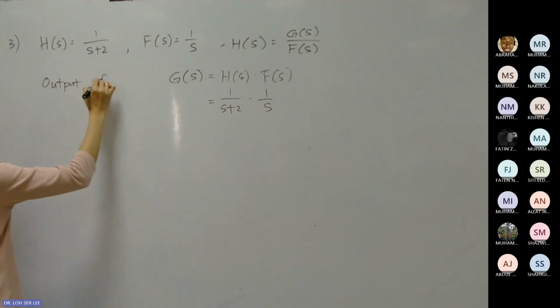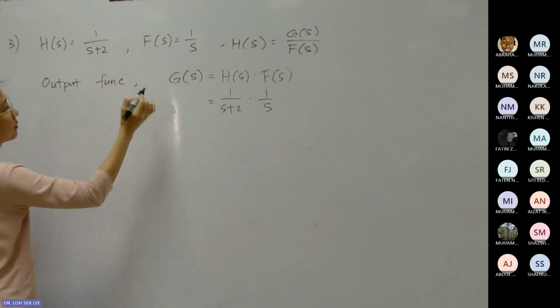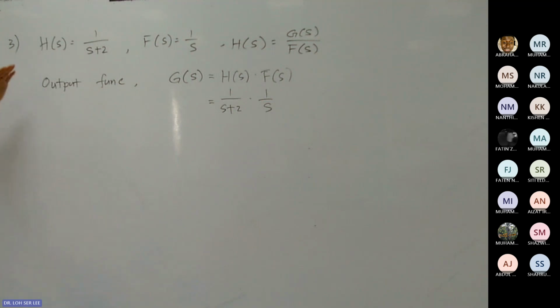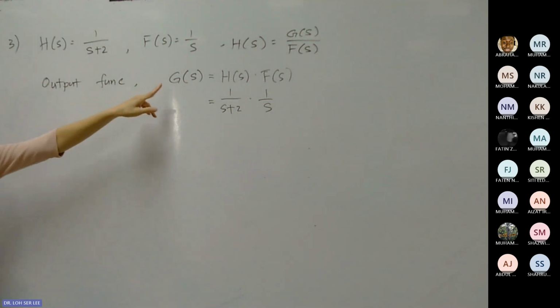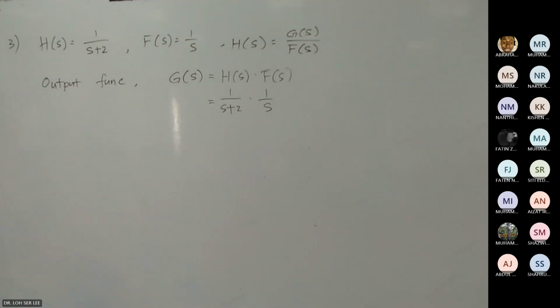This is output function G(s). The output response is the lowercase of g. That is called impulse response function.